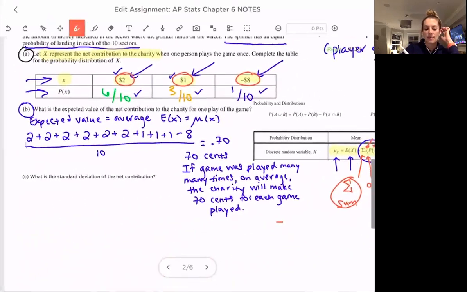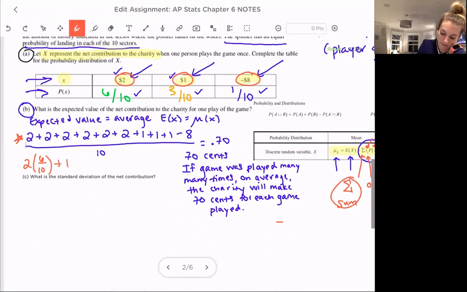I'm just going to clean up this math a little bit and show you how the formula relates to the math that we just did right here. All right, that outcome of 2, how many times did that appear in the spinner? 6 times out of 10. So the outcome of 2 gets multiplied by the probability that it occurs, 6 over 10.